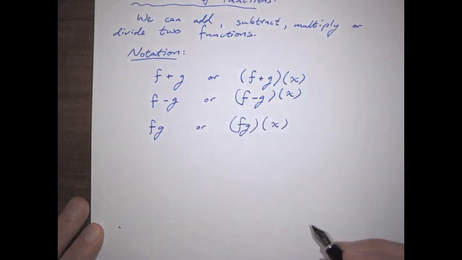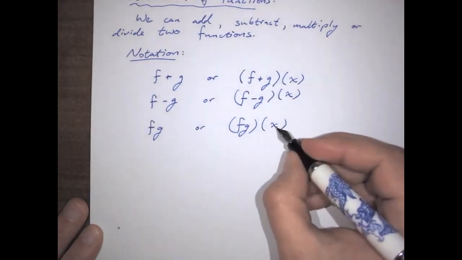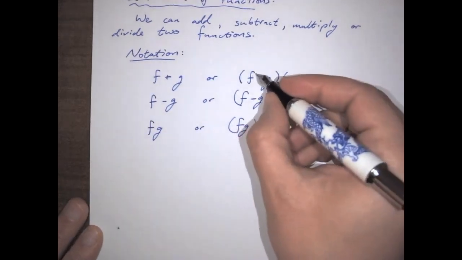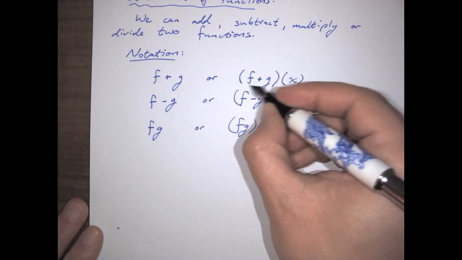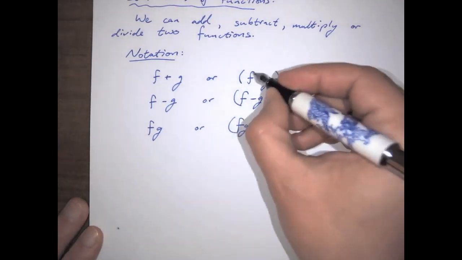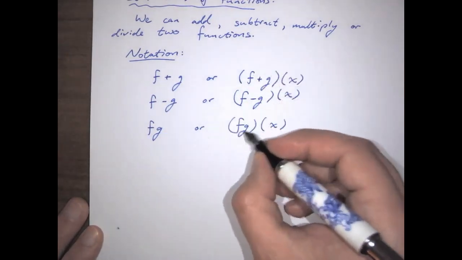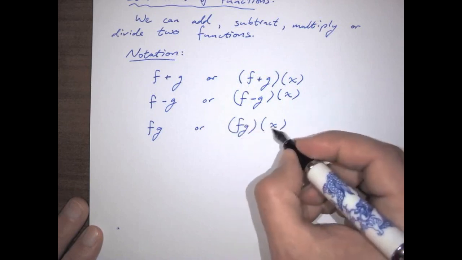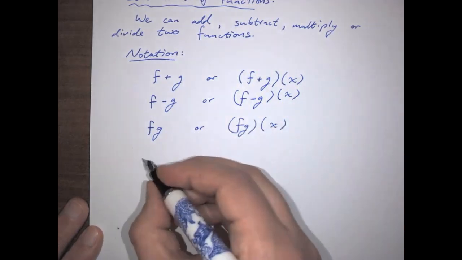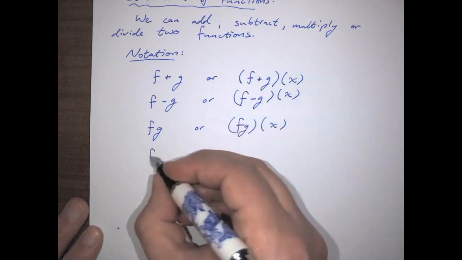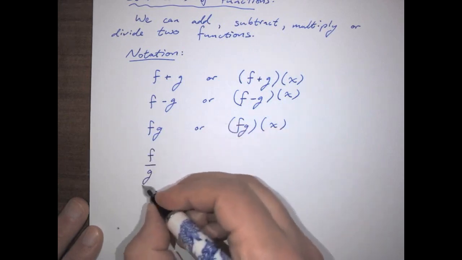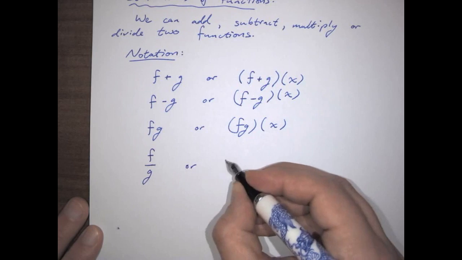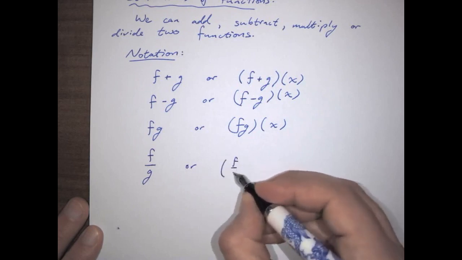And notice in all of these cases, when I want there to be an x involved, I'm putting parentheses around the combination of the two functions in order to indicate that we now have a combination function, and the input is going to apply to the whole thing. And then f over g, or f over g of x.